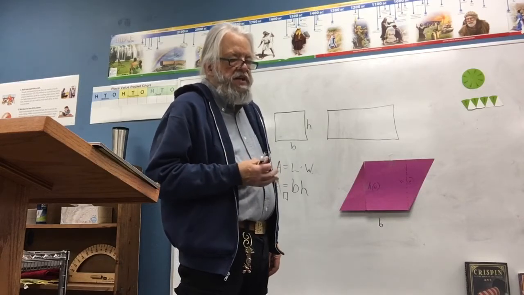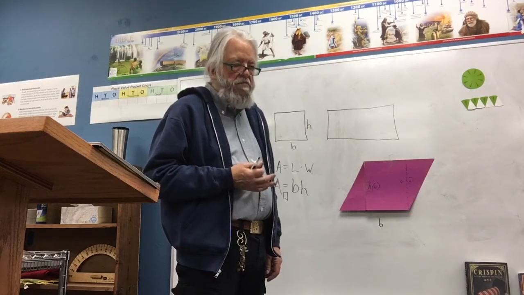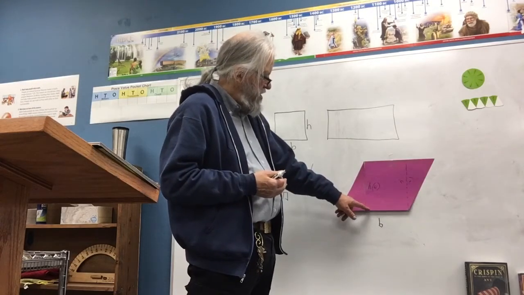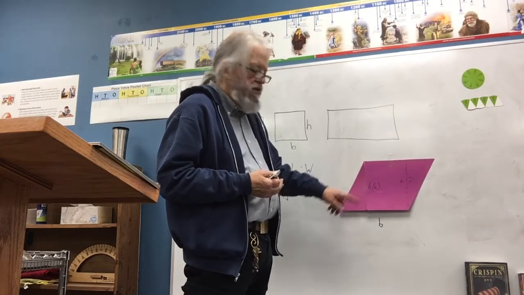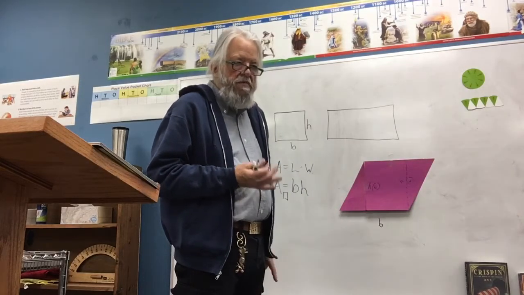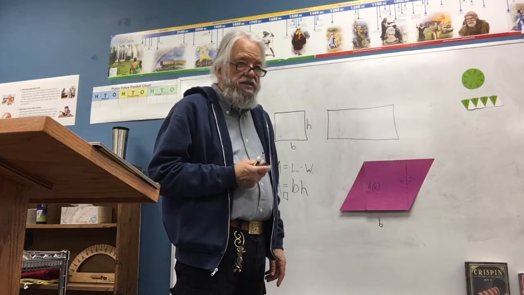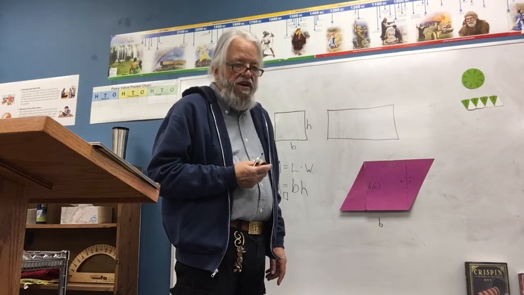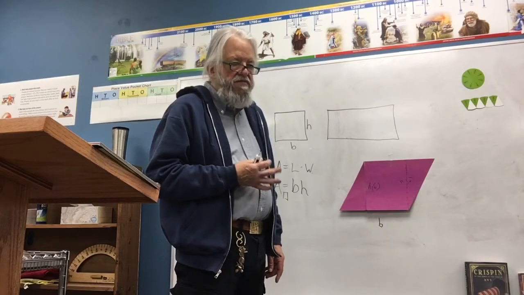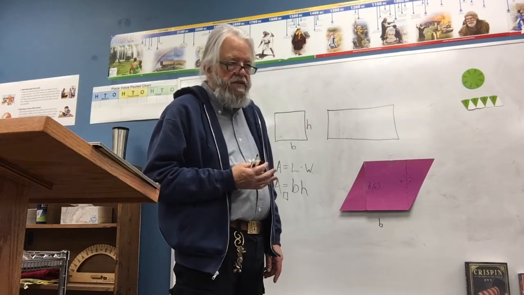That's not going to give you an accurate measurement. If you recognize that's actually a right angle, and this edge is the hypotenuse. And remember, the hypotenuse is the longest side on a right triangle. So that's going to be different than the width.